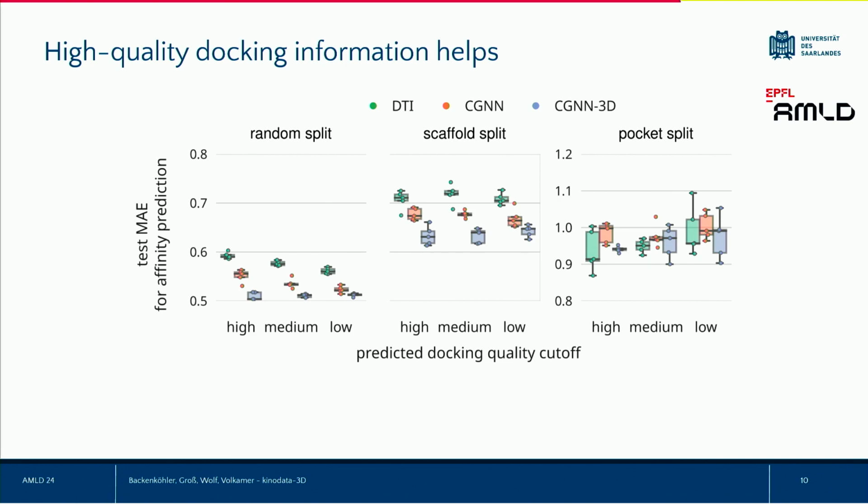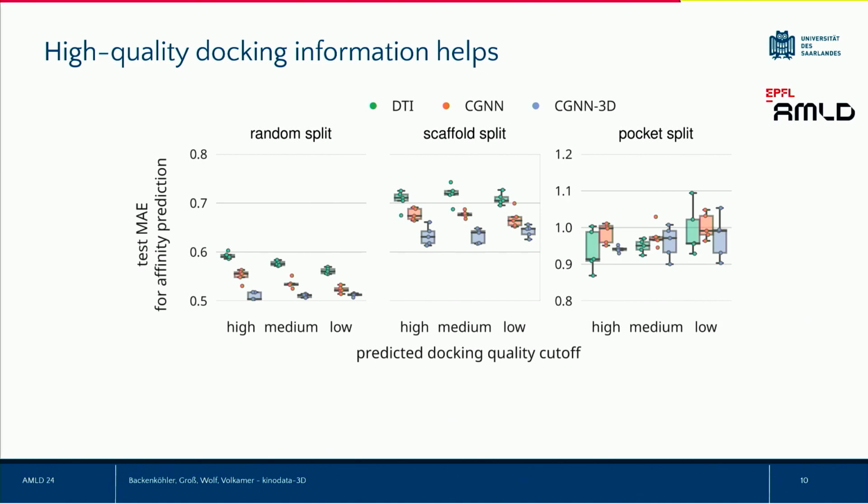We filter the data set according to docking quality, or the estimated docking quality we have annotated our complexes with. If we only take the estimated good poses, we see that the MAE for the structural model is quite a lot lower than for the baseline, so it's a quite clear outperformance there.